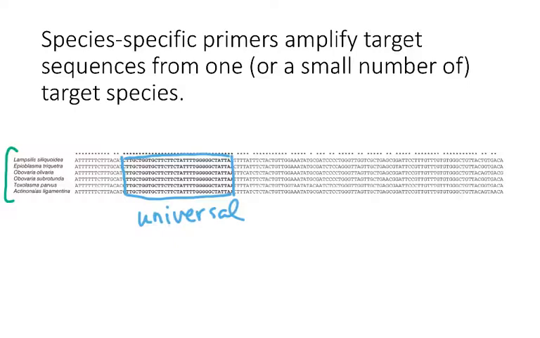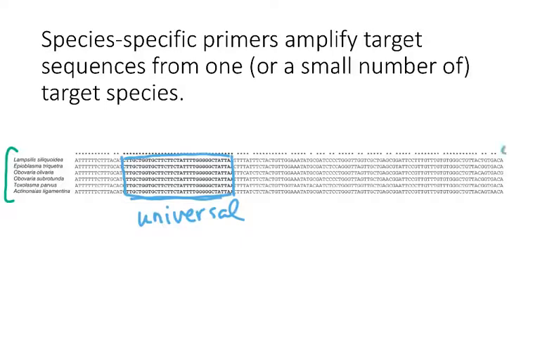If we had a universal primer, that would work for all 5 of these species, because this sequence in this region is exactly the same across all 5 species. But if we wanted to use a species-specific primer and only target one of those species, we would want to look for regions in this DNA alignment where the sequences are different, or they're not the same among the species.